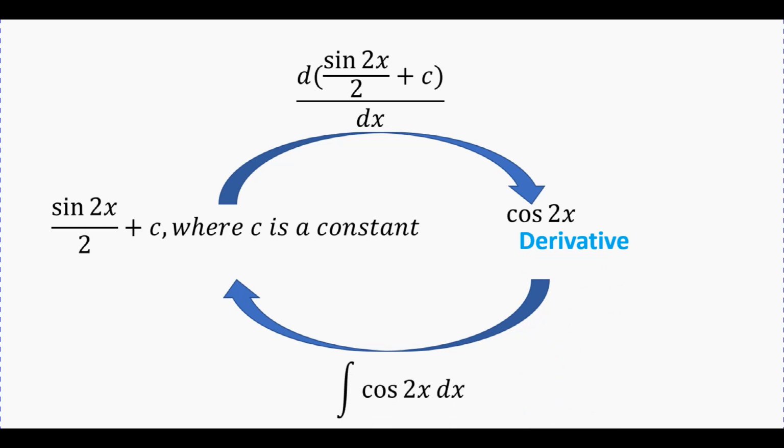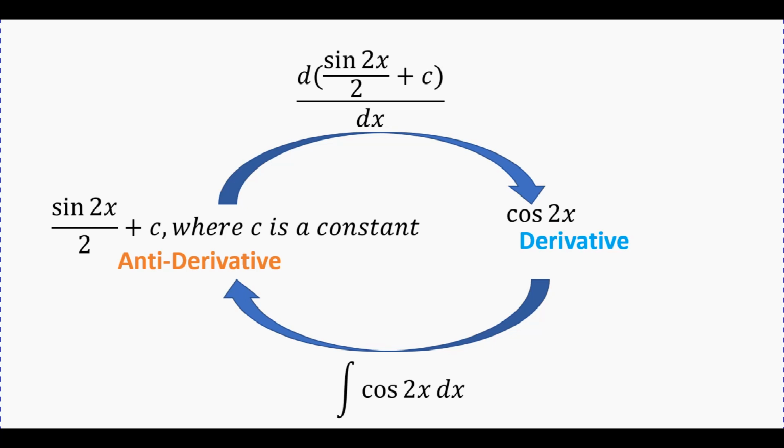So going back, you are going to do anti-differentiation, which means you take an integration on that cos 2x, and you will get the antiderivative. So antiderivative on the left-hand side, derivative on the right-hand side. Most of the time in this chapter, we emphasize the process from the derivative to antiderivative. That's the true reason we need to learn integration, right?